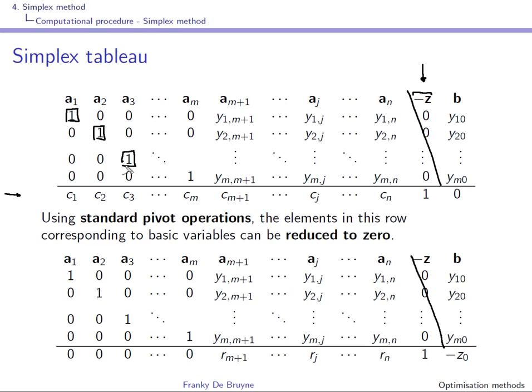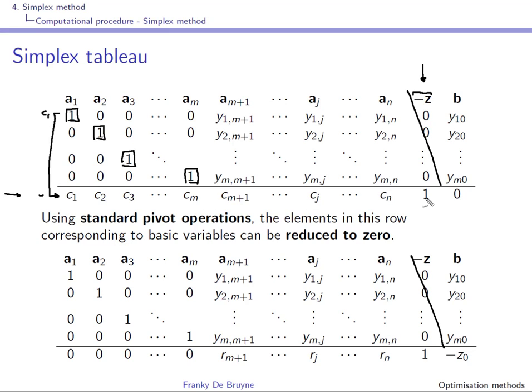So we have to create zeros below the pivots, and you should not forget to do this, because this is how the reduced costs appear, and this is how you can decide which column, which variable, should enter the base. We will illustrate this later. So how can you create zeros below the pivots? You have to do row operations. Very simple.